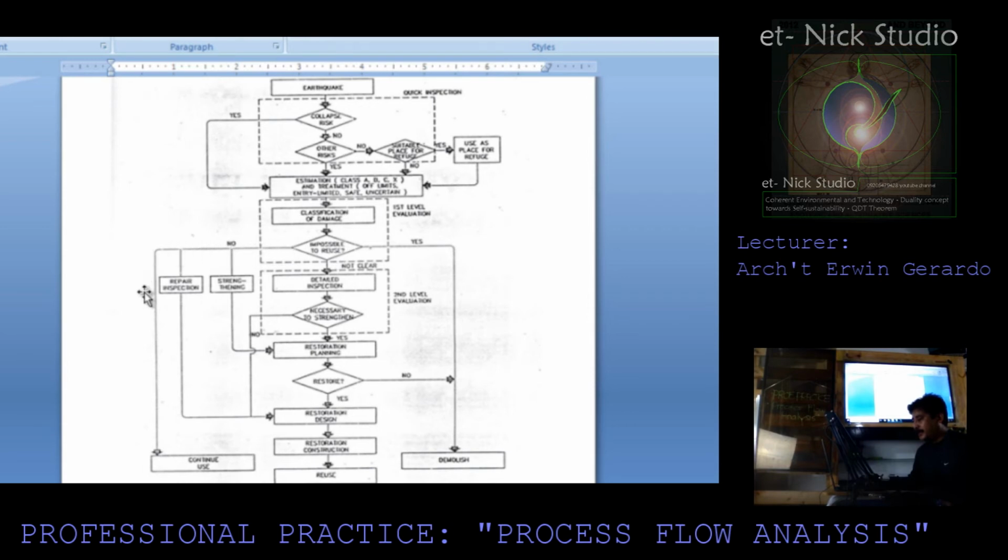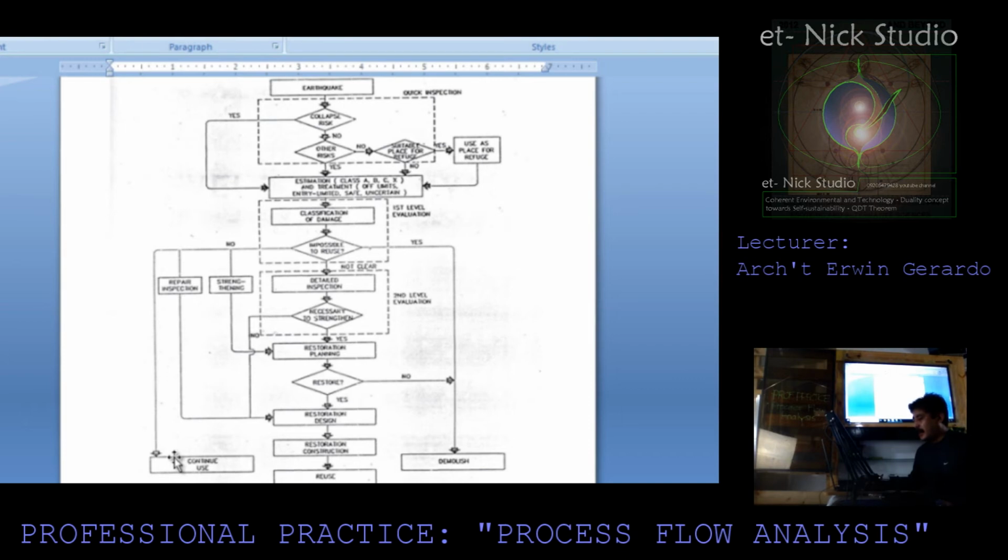So here, there is actually still a possibility that the extent of the damage of the building is not fully or entirely damaged. So upon assessment of the structural engineer, the building will still continue its use, meaning there was no damage to the structure at all.